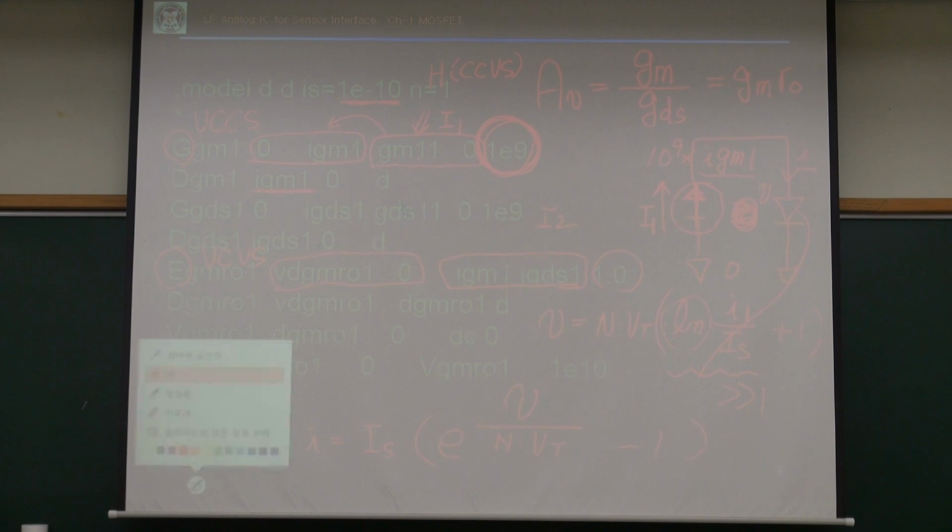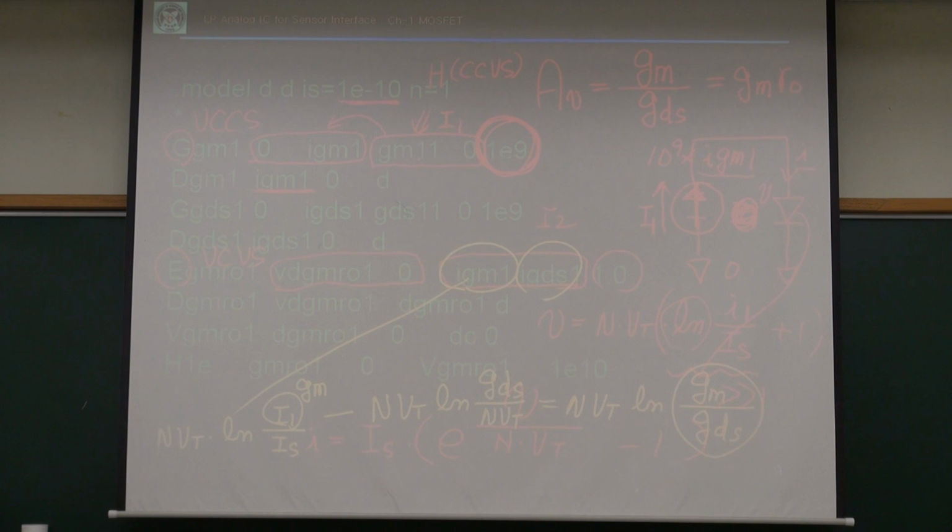The first thing is this node voltage, and this node voltage I should subtract it. I2 is GDS and this is GM1. Then this is NVT log of GM over GDS. This is what I wanted, right?